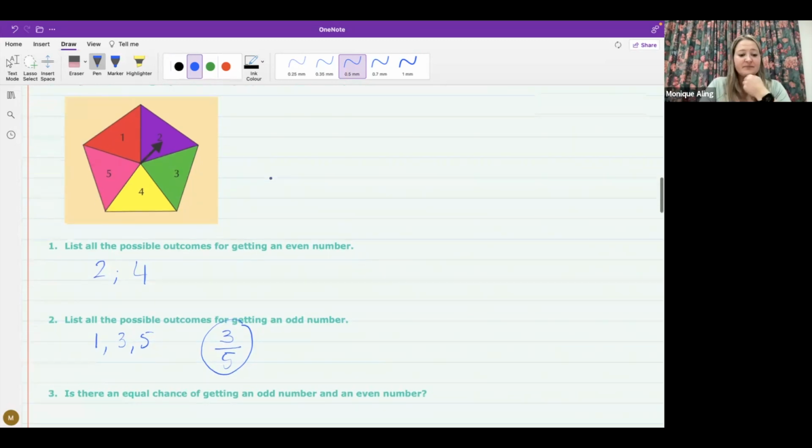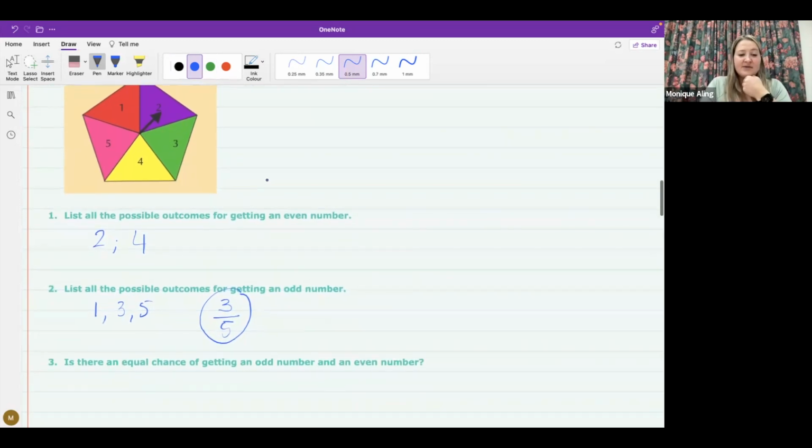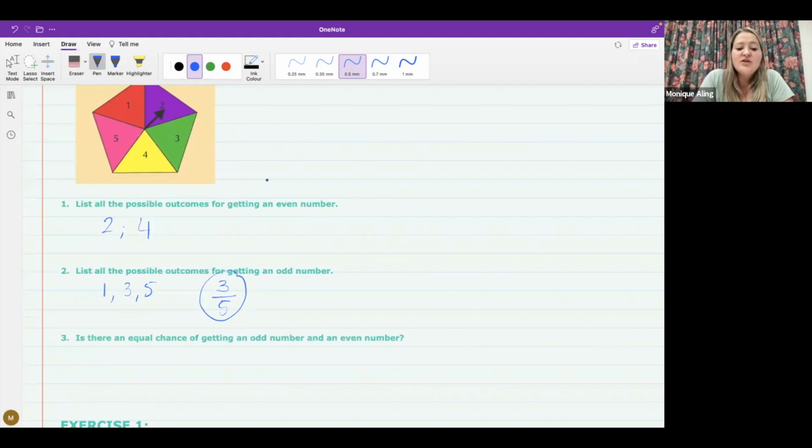Then looking at the same scenario, it says, is there an equal chance of getting an odd number and an even number? Do we have an equal chance that it could be even or odd? No. Good. Why are we saying no? Good.